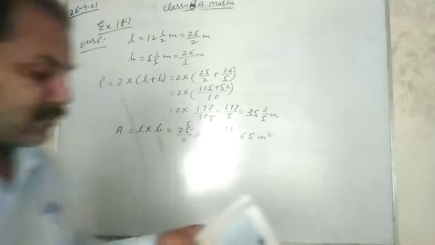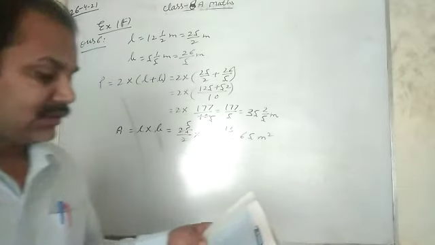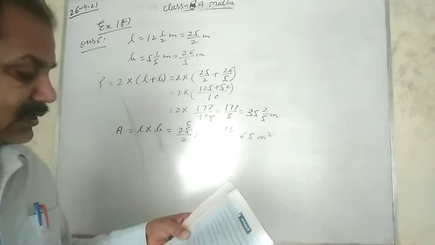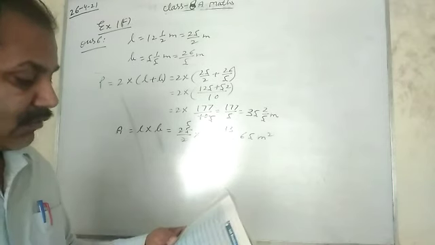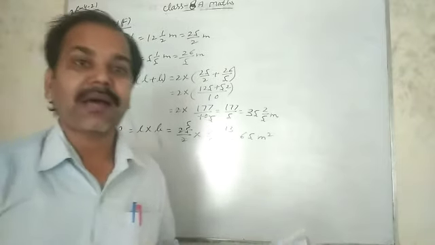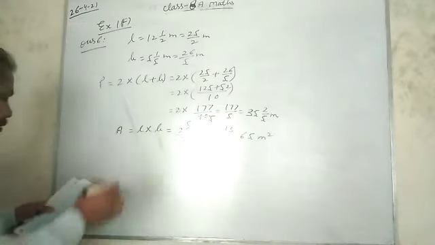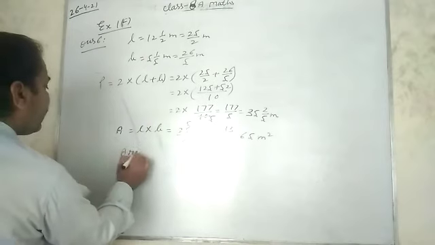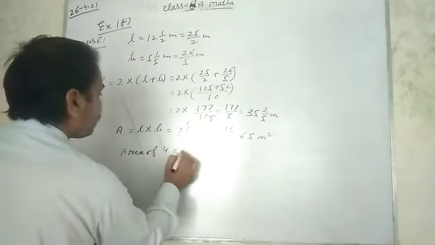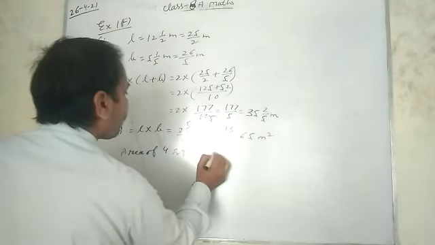And how much area of the land is left unused if 4 small square flower beds of side length 1 meter are made at the center. So find area of 4 square flower beds.